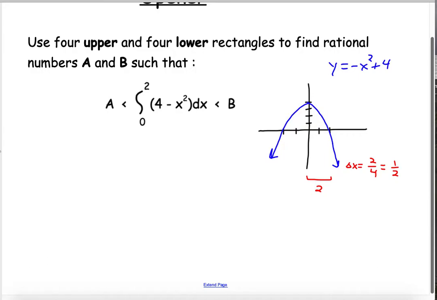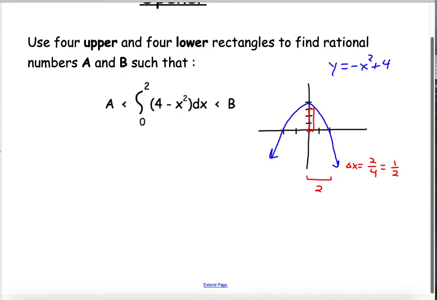Now, if I want rectangles that underestimate this, then for my first rectangle, which goes from 0 to 0.5, I'm going to want to choose the right endpoint to evaluate the function, and that's going to give me a rectangle that'll underestimate. So I want to use the right-hand endpoint of each subinterval.